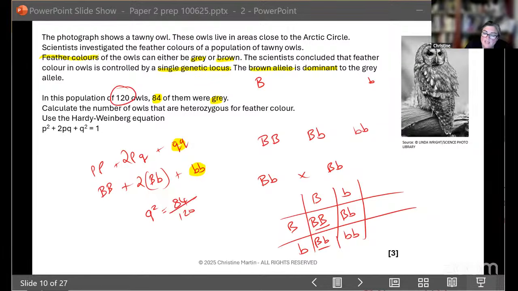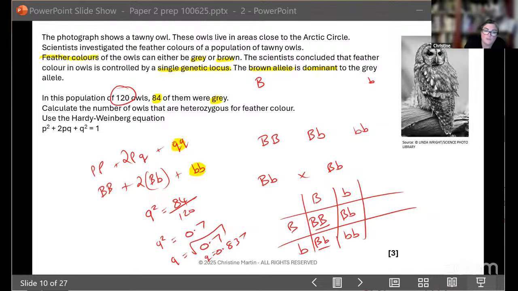Because I've got 84 out of 120, I therefore know that my Q squared equals 0.7. And then I need to work out what Q is. So Q is the square root of 0.7. Therefore, because I know Q is the square root of 0.7, I know that Q is equal to 0.837.